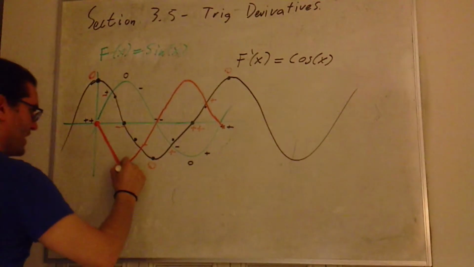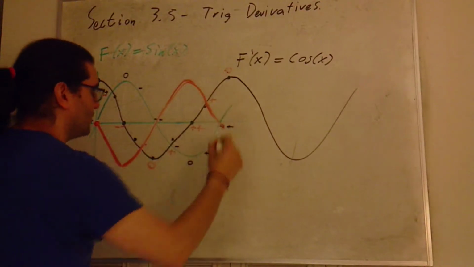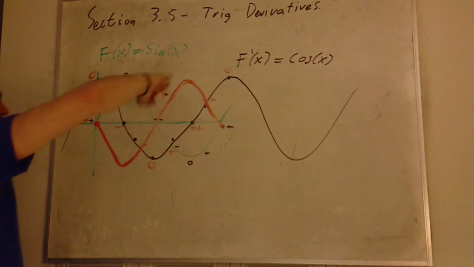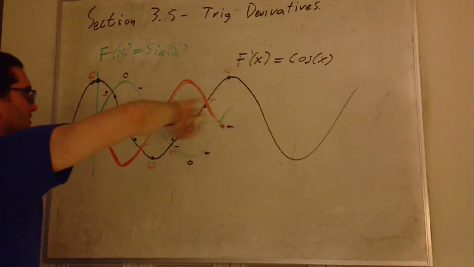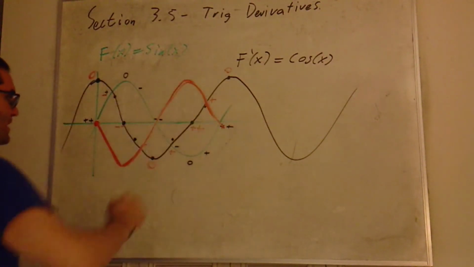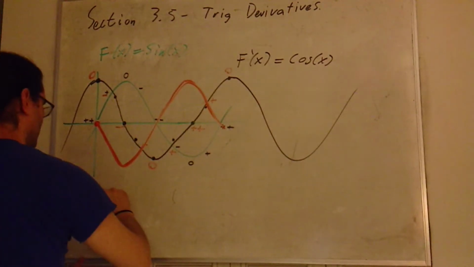This red line looks like a sine wave, but the sine wave starts positive. This is starting negative.